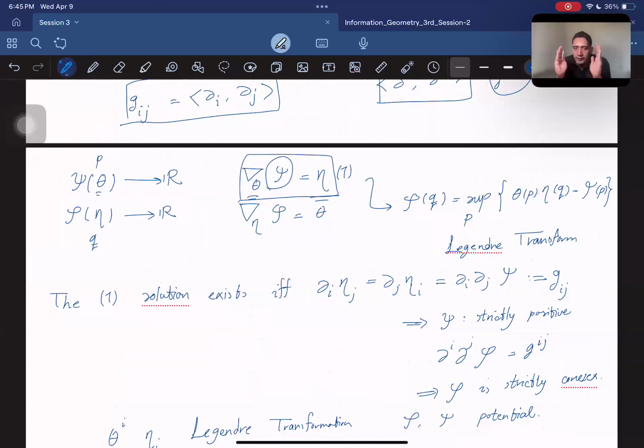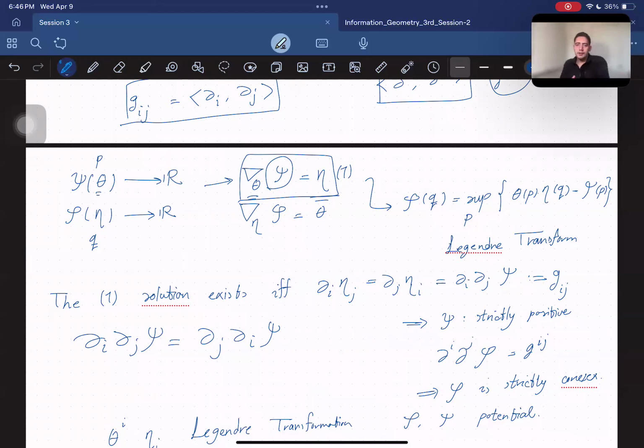For that, we need psi to have this property: if I take the derivative with respect to i, then j, it would be equal to taking the derivative with respect to parameter j, then i. Okay? If psi has this, then we're good. We can find this psi that translates theta to eta via this relationship.